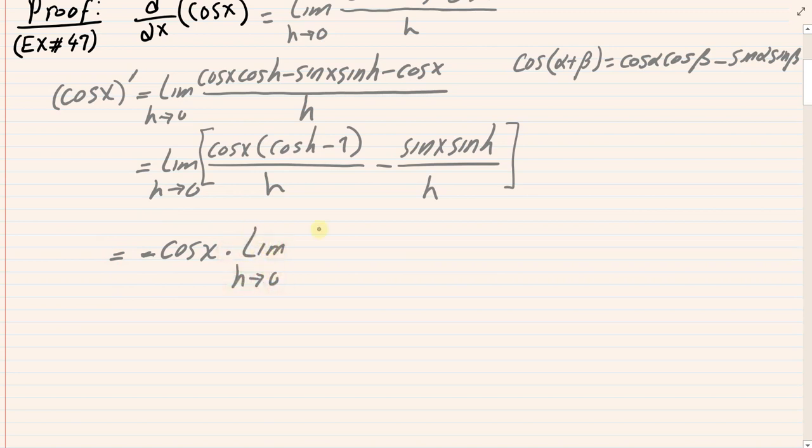I factored out a negative, which makes negative 1 a positive 1, and cosine h a negative cosine h, divided by h. In the second fraction, we're going to do the same thing. I'm going to bring sine x out and take the limit as h approaches 0 of sine h over h.